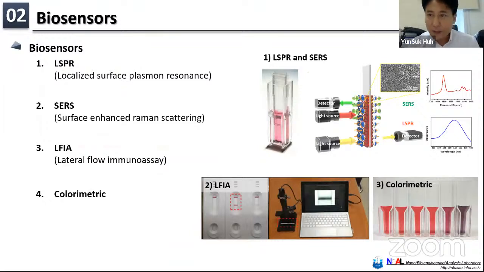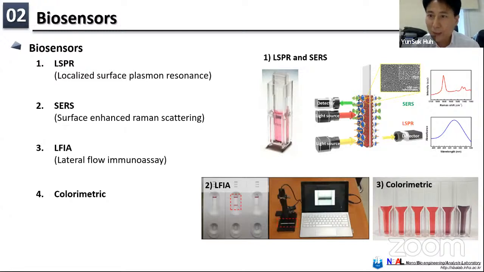This slide shows the portable and on-site detection technologies available. First, localized surface plasmon resonance, otherwise known as LSPR, surface enhanced Raman scattering, and LFIA, which we simply call lateral flow immunoassay.